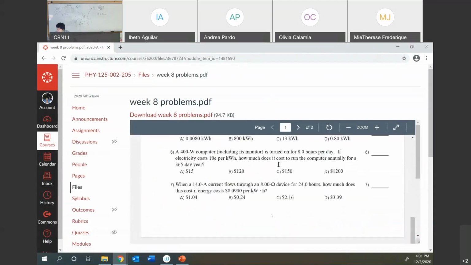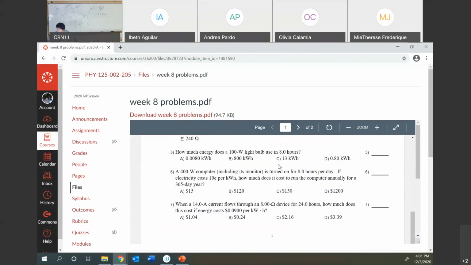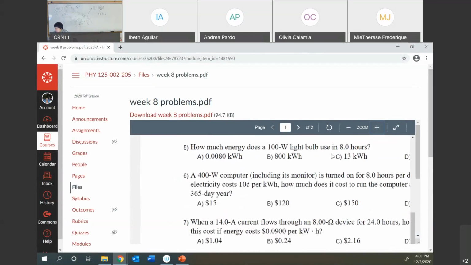Remember that for example, watts is the unit for power, and hours is time. To get energy, you multiply power times time.